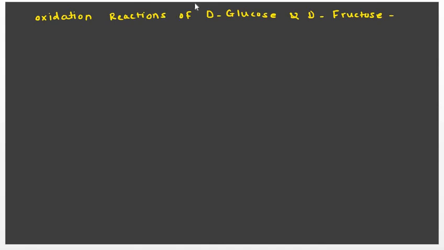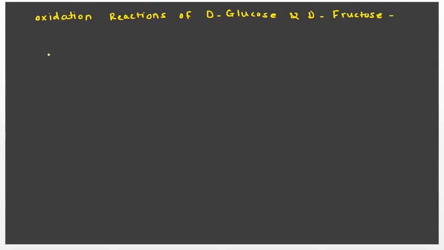Now let's study the oxidation reactions of D-glucose and D-fructose. There are various reagents by which we can carry out the oxidation of D-glucose and D-fructose. Generally there are two types of reagents.